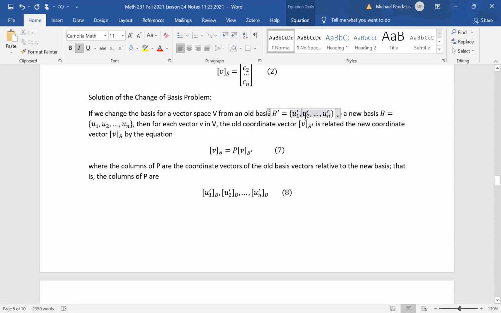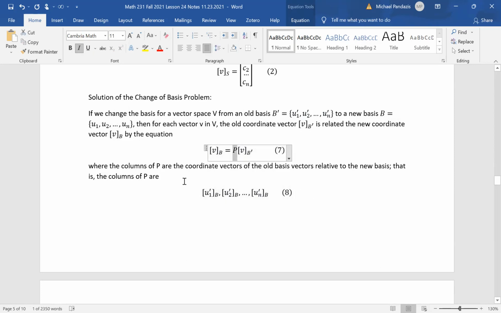It's taking each old basis vector and writing it as a linear combination of all the new basis vectors.